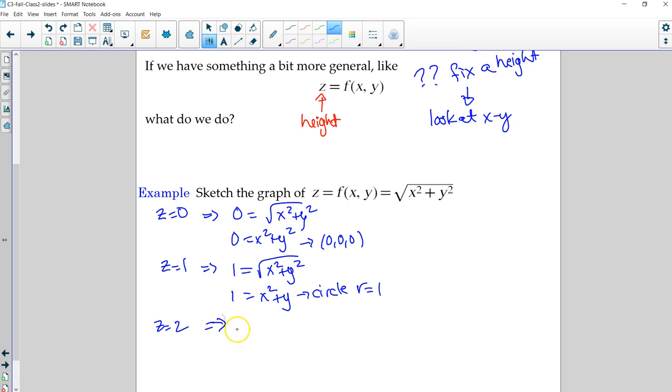Going faster through the algebra, 4 is equal to x squared plus y squared, and this is going to be a circle of radius 2. And z is equal to 3. I think you might be able to guess what happens. You get a circle with radius 3, etc., etc.